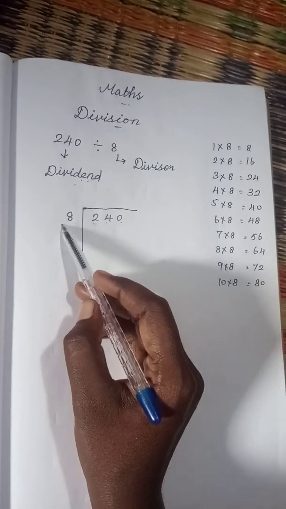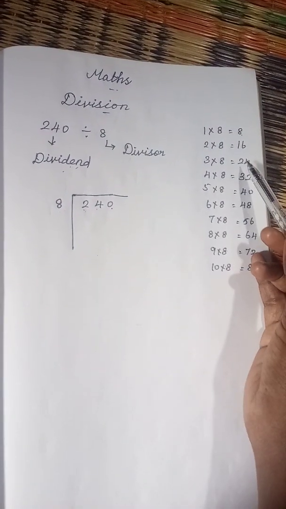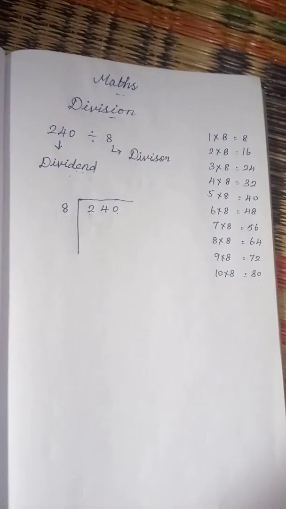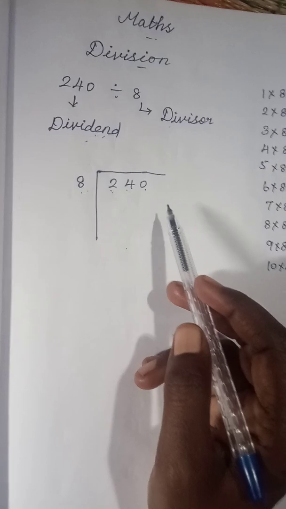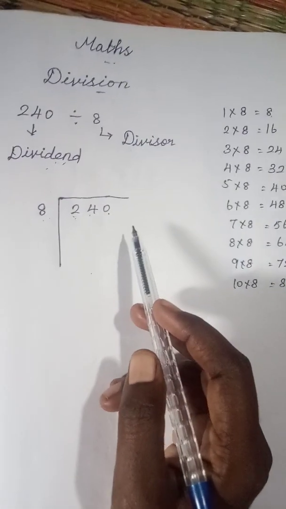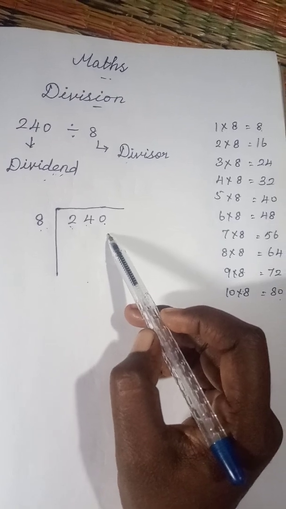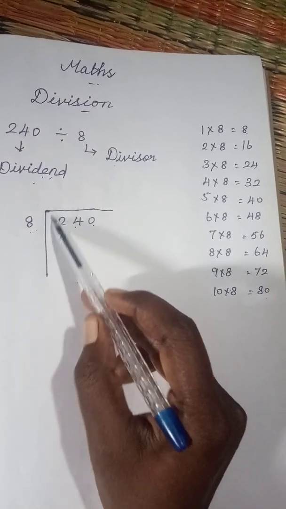What is the divisor? 8. So I'll write the 8th table up to 10. First, I'll explain how to divide a number. In addition, subtraction and multiplication, we start with the ones place. But here we choose the highest digit.